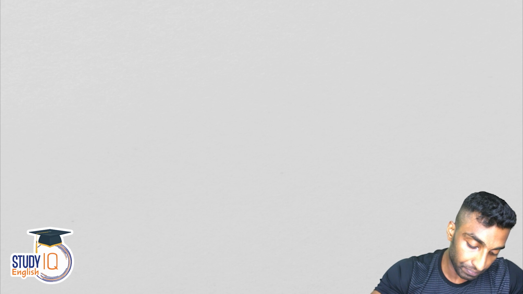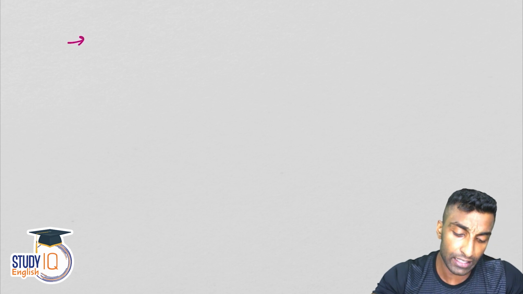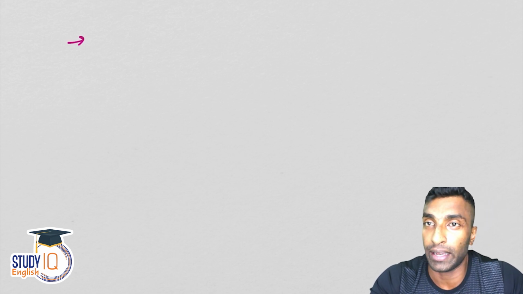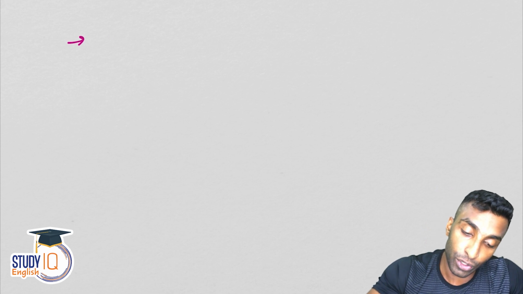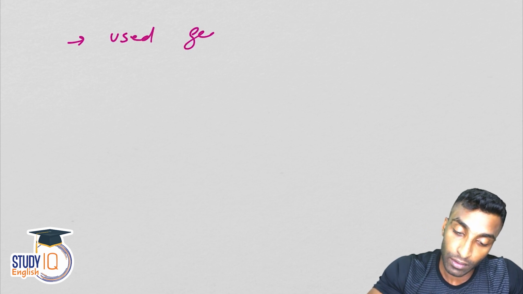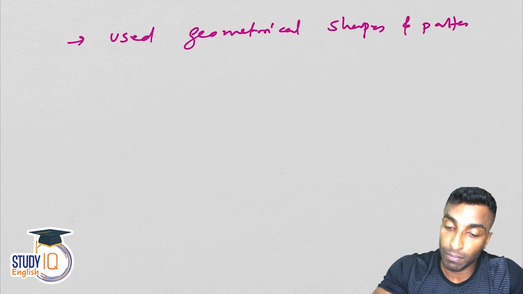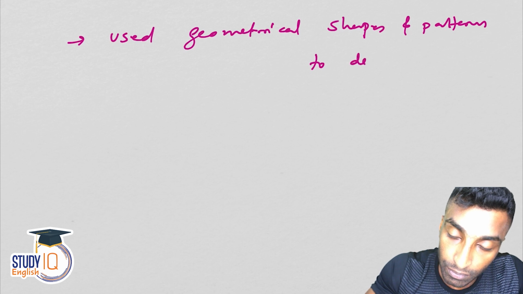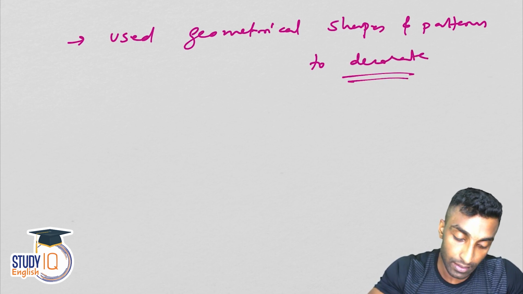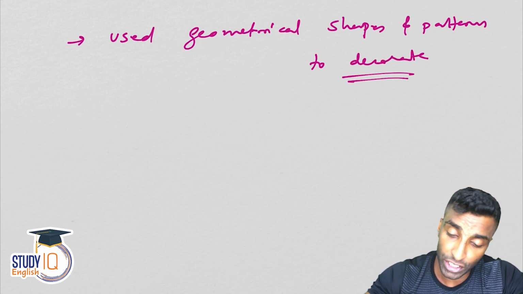That's enough. Okay. Now the next one, they use various geometrical shapes and patterns to decorate the building. So they used geometrical shapes and patterns to decorate the building. Now what are the geometric shapes which you can use?